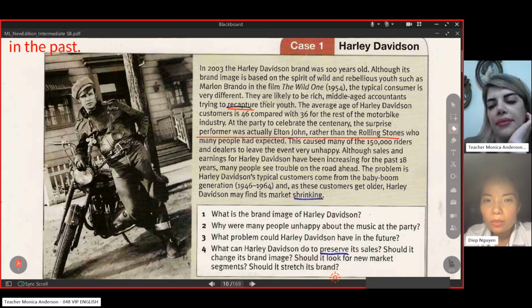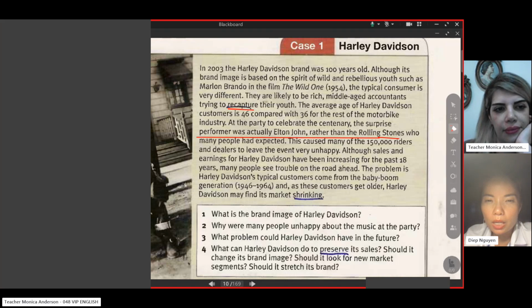The problem Harley-Davidson could have in the future is that the typical customers come from the baby boom generation.